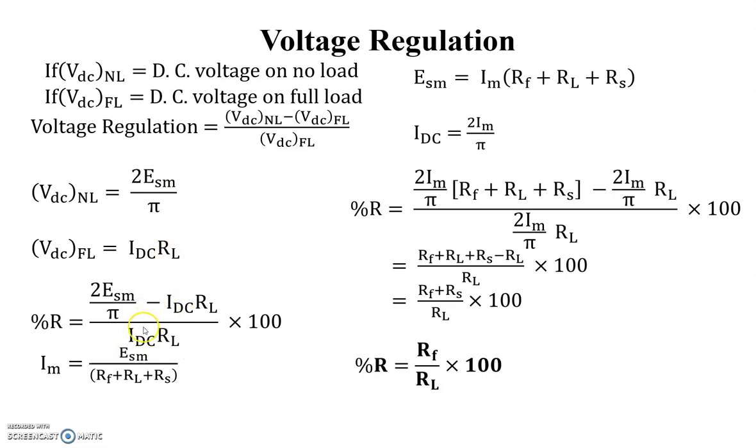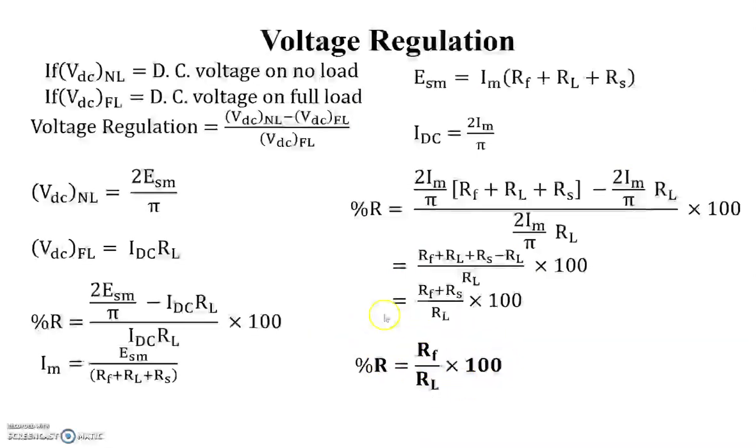So just substitute, and already Im is equal to Esm by Rf plus RL plus Rs. So you find out this into Esm and rearrange this equation. You find Esm, and already I_DC is equal to 2 Im by pi. So just substitute this into the regulation formula, and then we will get the final result of this regulation as Rf by RL into 100.